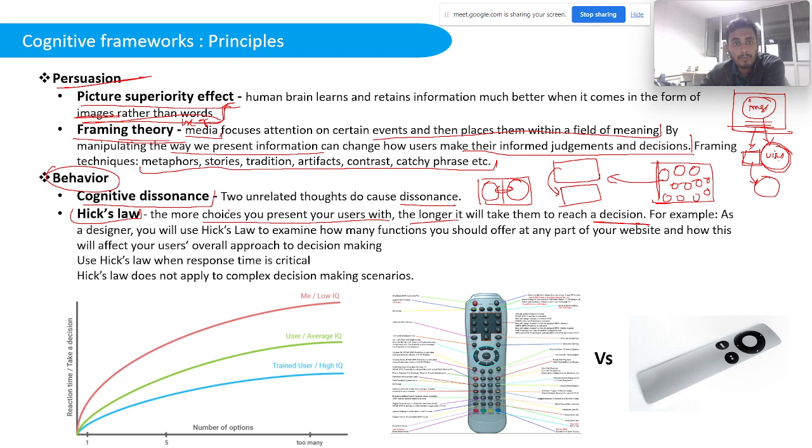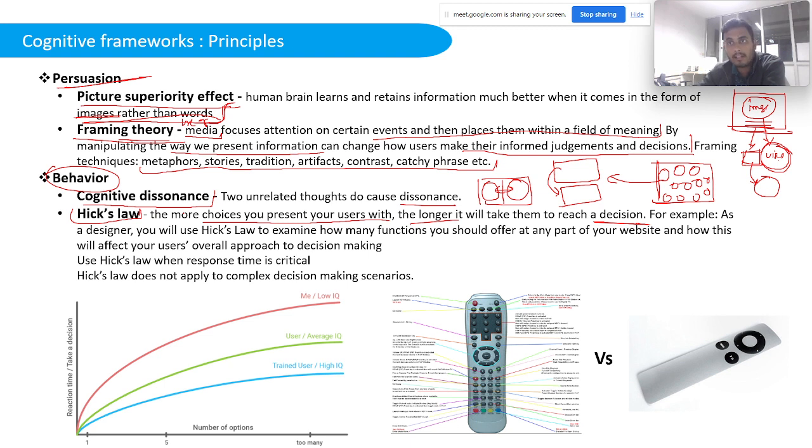If you provide more information, it will take longer for the user to process it. Similarly, if you give fewer choices, that will probably not be sufficient for the user to understand the core concept of the interface.